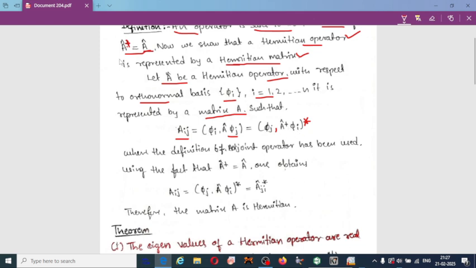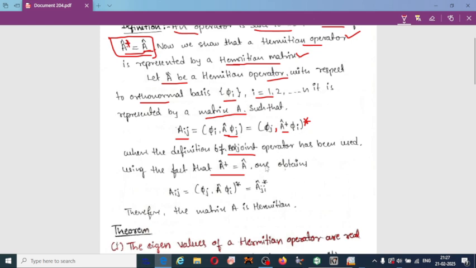As we know, according to the Hermitian operator definition, A cap adjoint is equal to A cap. So we can replace A cap here with A cap adjoint, where the definition of the adjoint operator has been used.